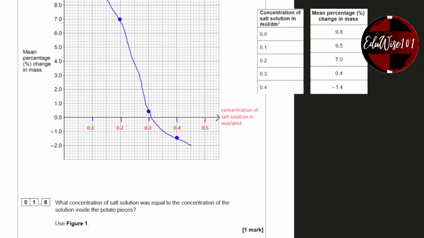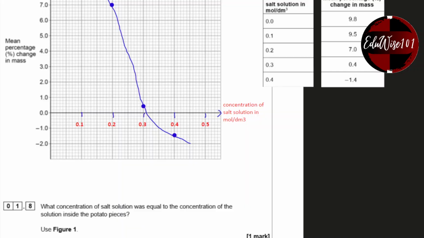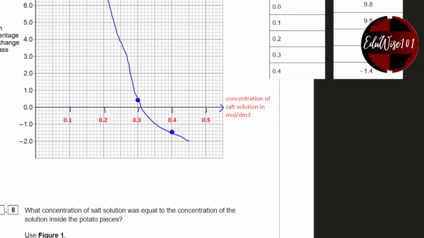What concentration of salt solution was equal to the concentration of the solution inside the potato piece? The concentration where it is going to be equal is when there is no mean change. So that's when it's 0, when it's crossing the line. According to the line that I've drawn, it's crossing at the first box. So that's 0.31. Let me just zoom it out for you.